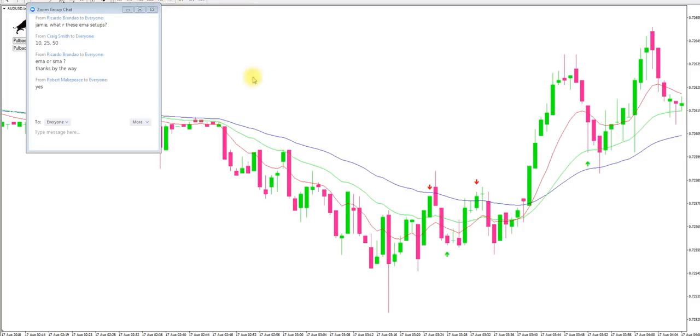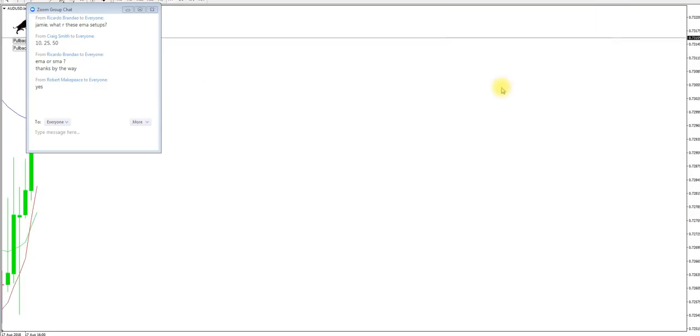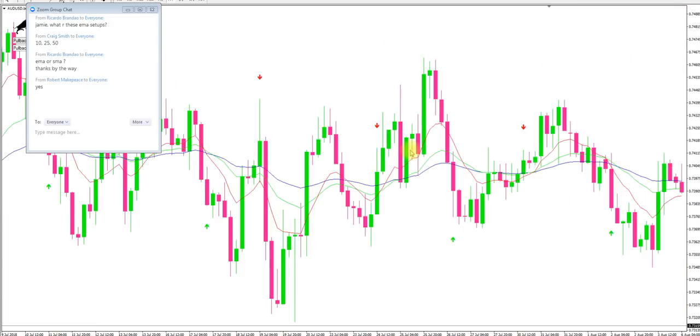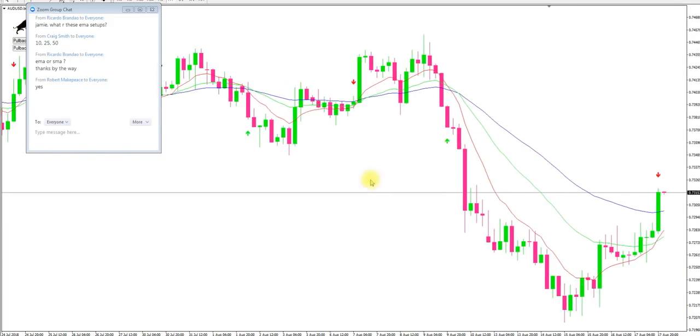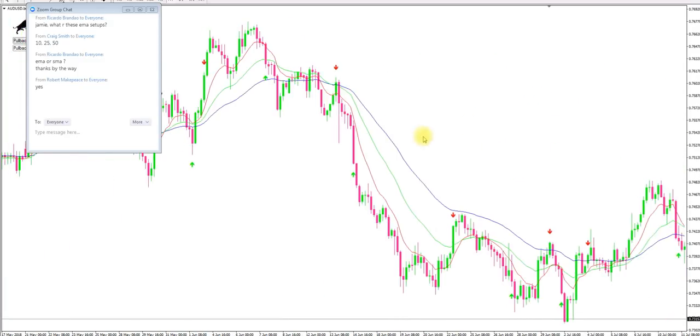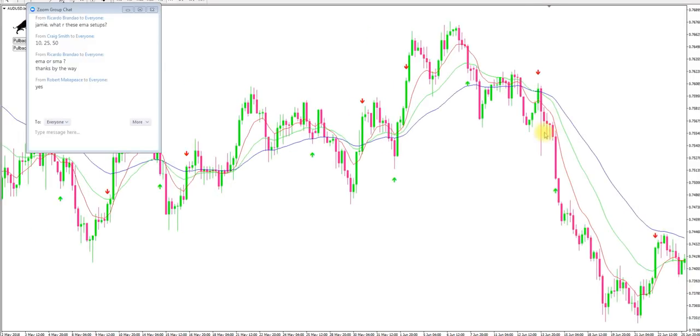Now, this strategy will also work on the 4-hour time frame, the weekly time frame. You will find a lot of traders tend to trade this for 4x, right? Let me find you a nice setup, something like this. This is the 4-hour time frame.